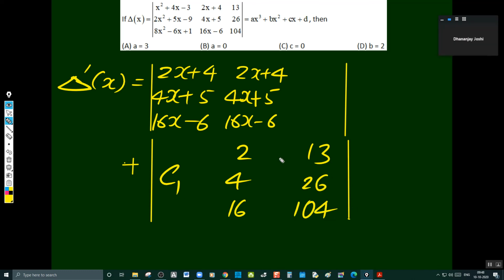If you take 2 common here, 1 to 8. Take 13 common there, 1, 2, 8.